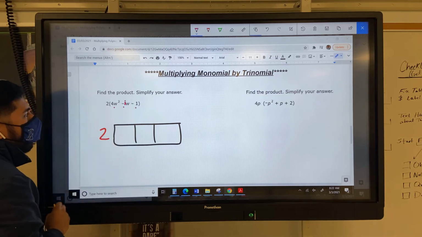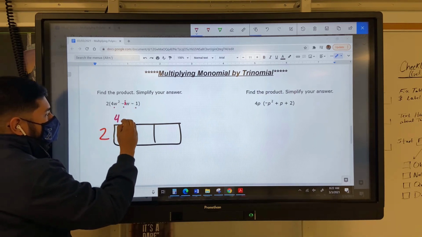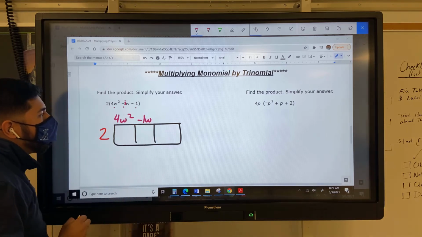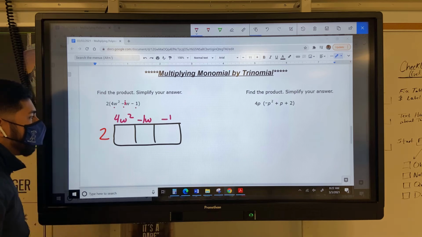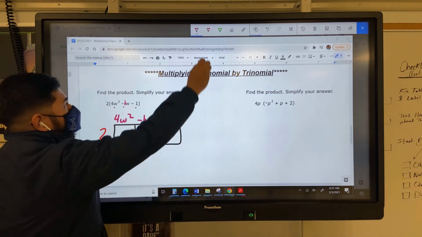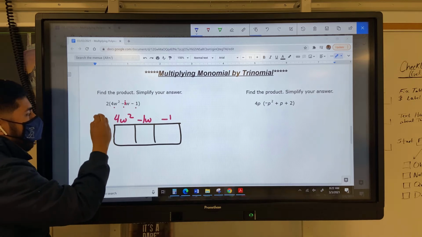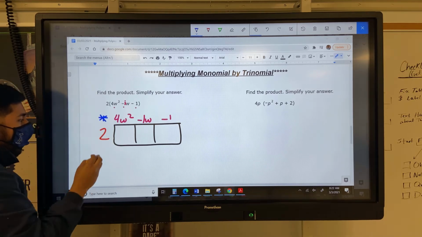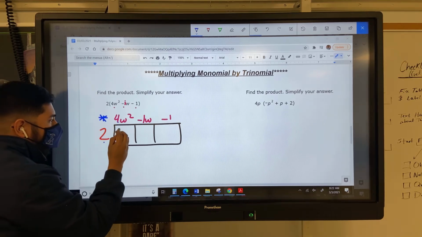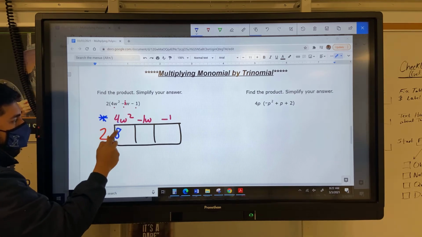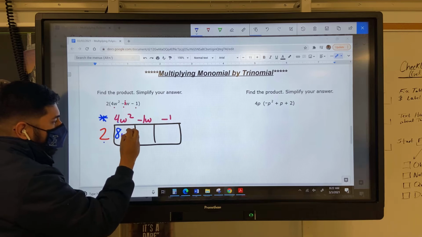Negative 1. So we got 4w squared minus 1w minus 1. All right. What do we do here? We're going to multiply. 2 times 4, 8. The w squared's by itself. There's no w here, so this stays the same. So w squared.